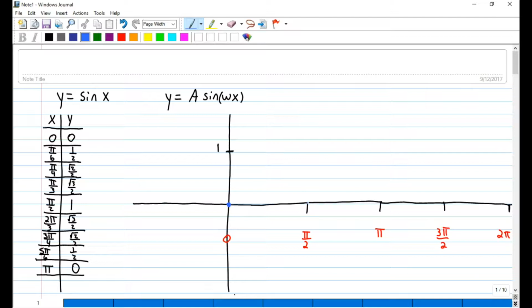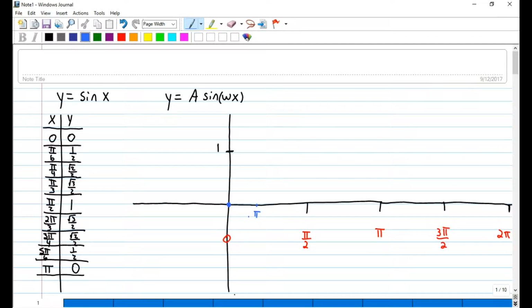If this is 1.5, it's going to be about a third of the way to 1.57. 0.5 is about a third of the way to 1.57. How do I know that? Because 0.5 plus 0.5 plus 0.5 is 1.5.